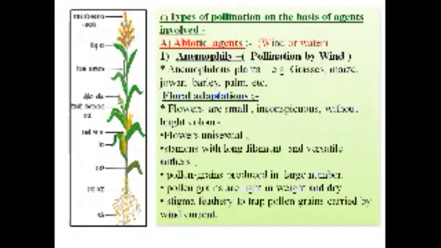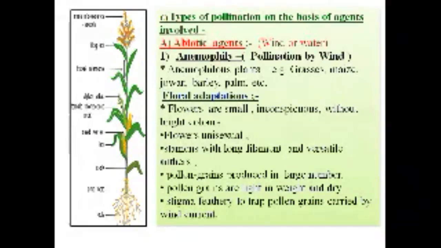So, what are the floral adaptations for anemophily? Which types of adaptations occur in a flower to favor pollination by wind? So, which are the adaptations? See, flowers are small, inconspicuous, and without bright color.